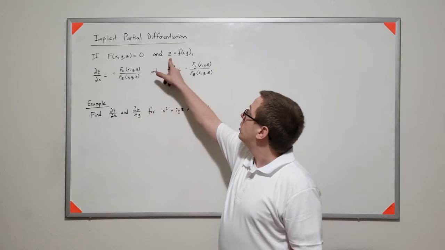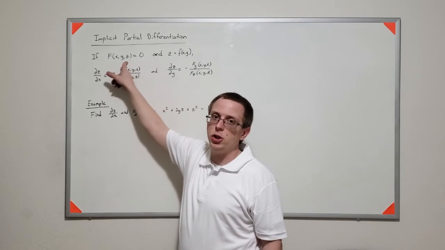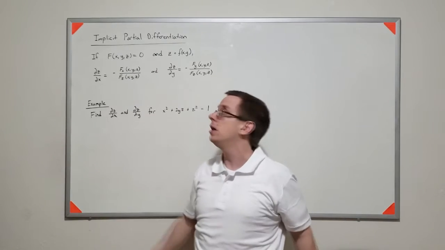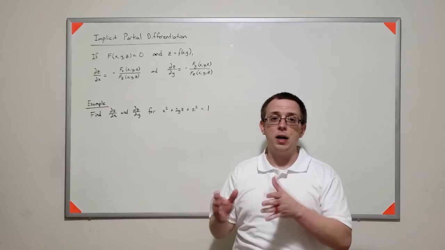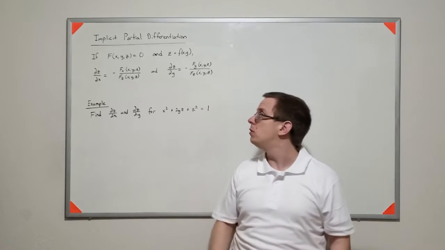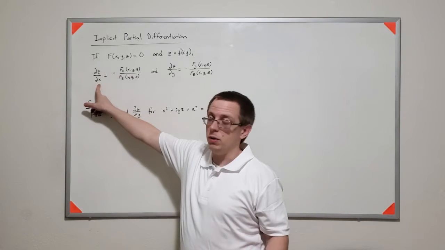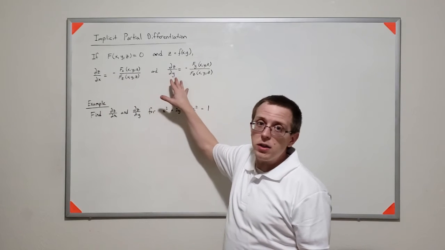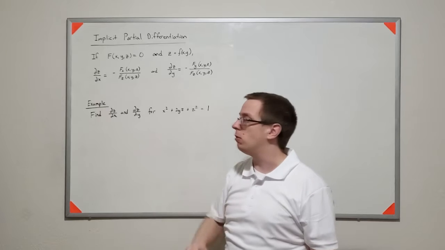If I have some function of two variables and I have some sort of equation that can be written in a way where I move all those variables to one side and let the other side equal zero, then I can find the implicit derivatives by using the partials exactly the same way we did when it was a derivative with respect to a single variable.